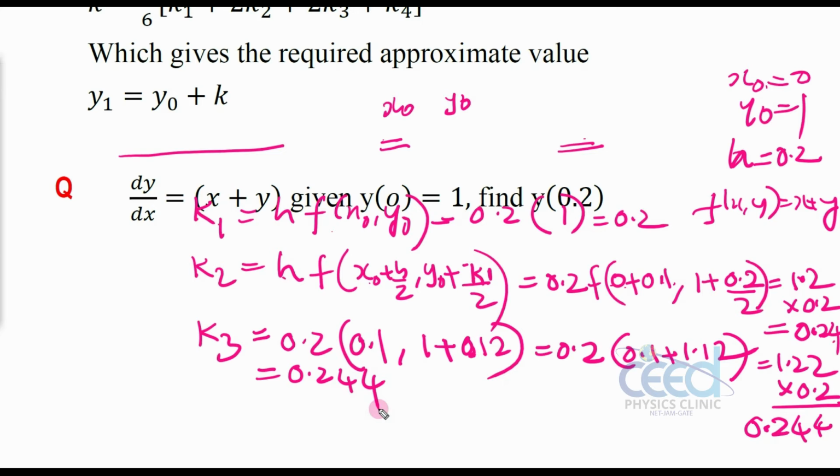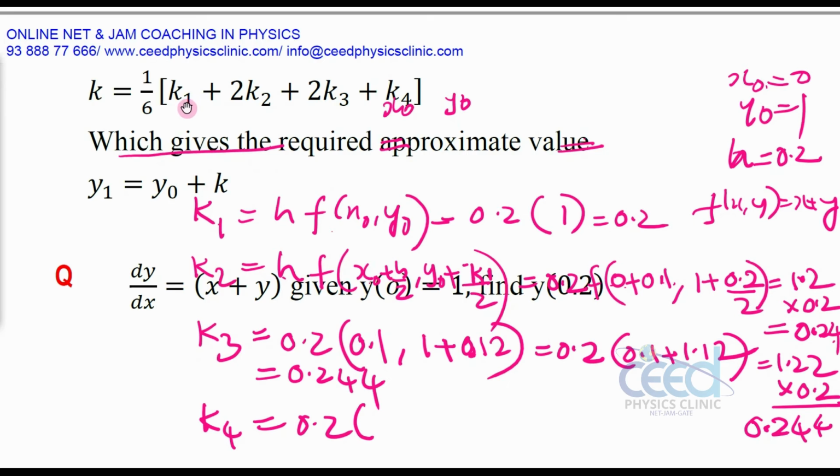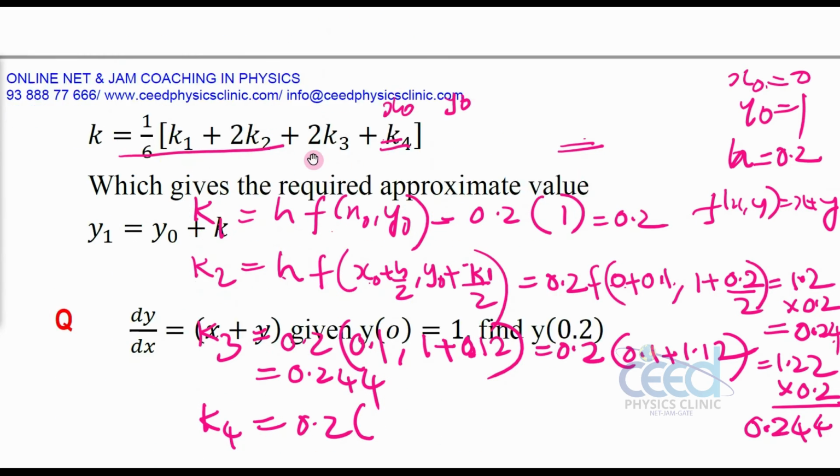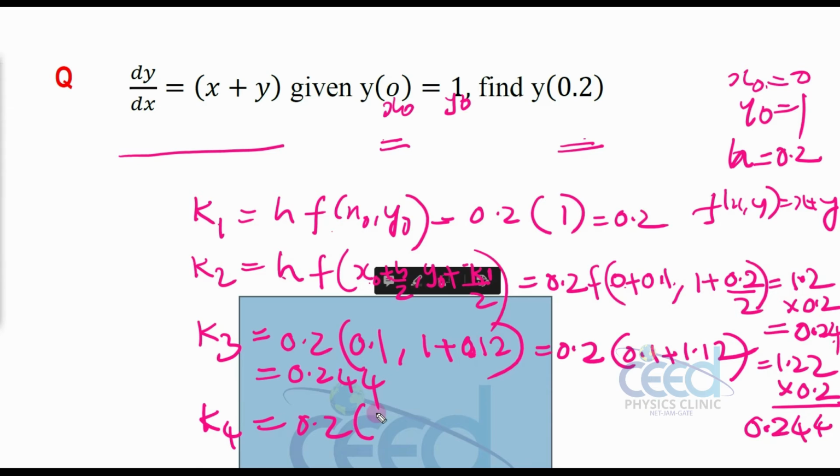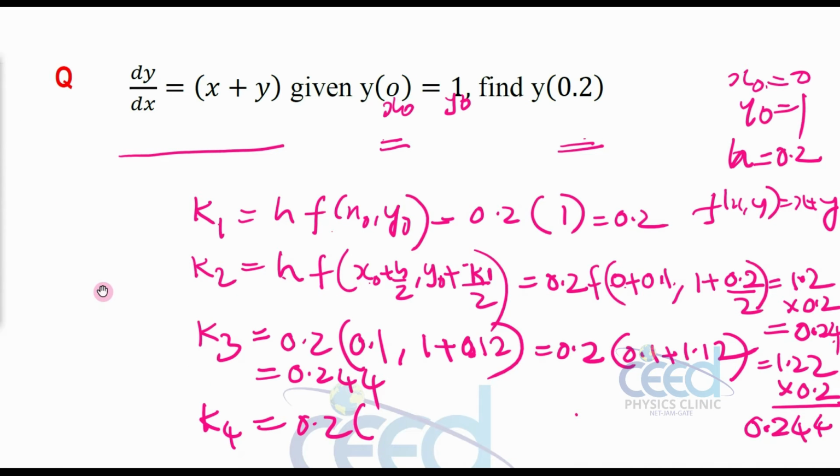All right, so once I get 0.244, then what is k4? k4 is equal to 0.2 into f of x0 plus h, y0 plus k3. x0 is already 0, h is 0.2, plus y0 plus k3. k3 is 0.244, y0 is 1, so 1.244.